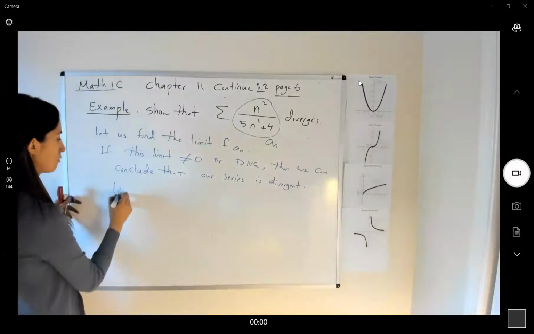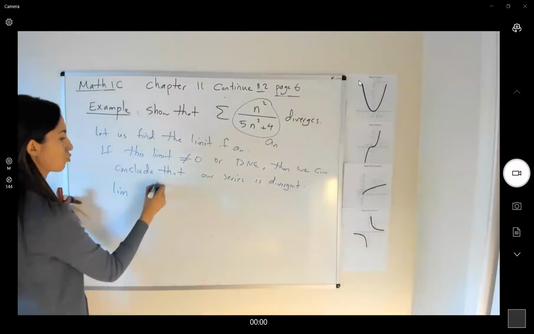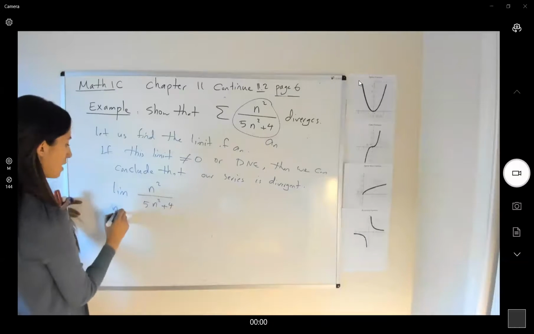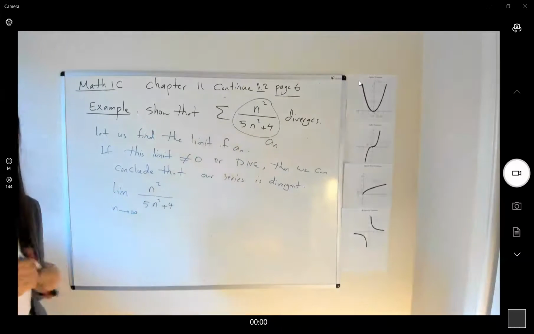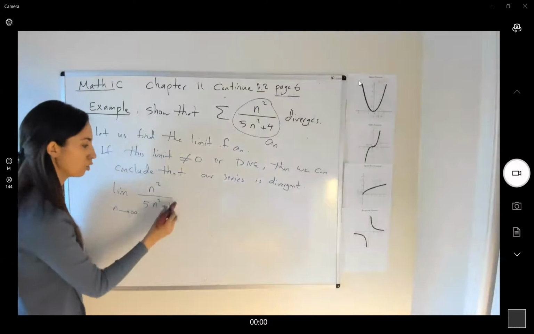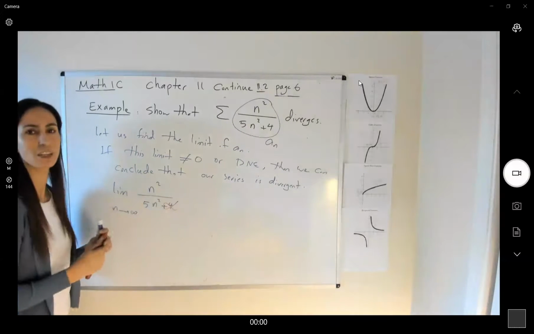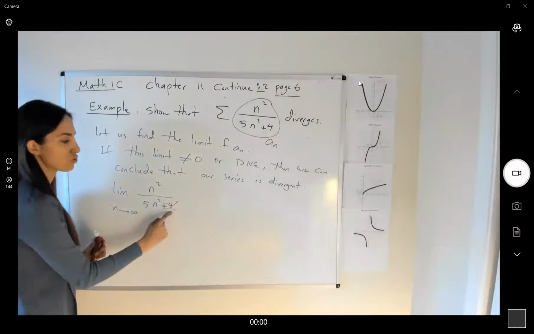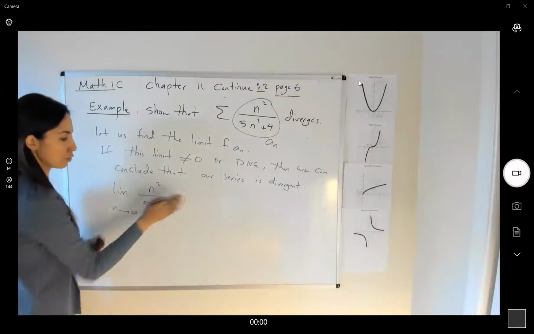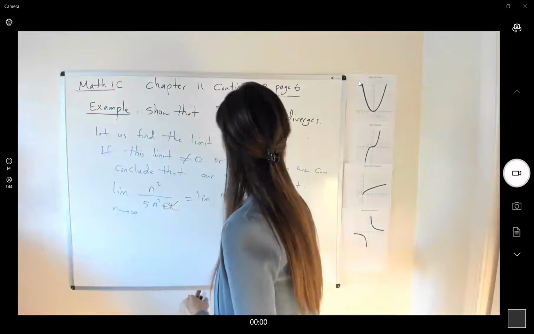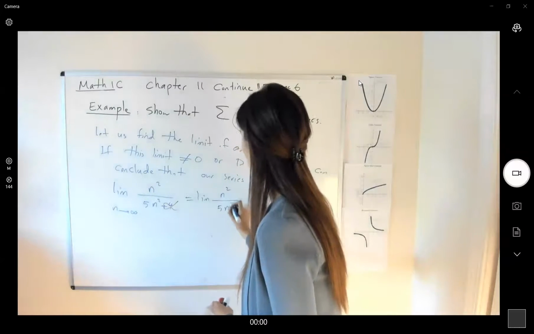The limit of an is n squared divided by 5n squared plus 4, as n goes to infinity. Remember that since n goes to infinity, you can ignore lower terms. 4 is not important. N goes to infinity much faster than 4, so you can ignore 4. This is the limit of n squared over 5n squared.